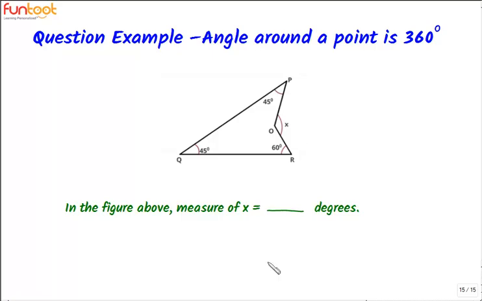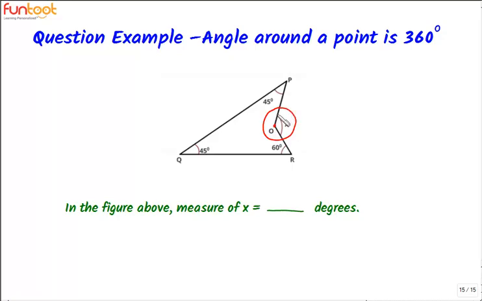So let us think of approaches which we can use in solving this question and finding the value of x. One point we can make use of here is that we know that angle around a point is 360 degrees. So if I consider O as my point here, this complete angle will be 360 degrees.